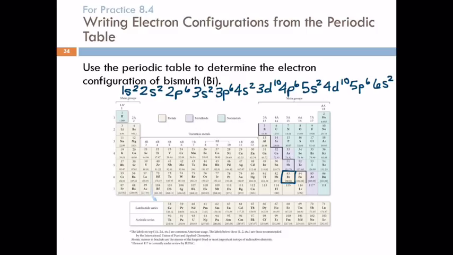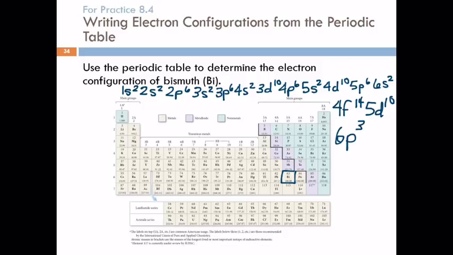So when I'm going from 6s here, technically this one is 5d, but he's going to be with all the rest of these guys, and this one comes first. So 4f14, and then 5d10. And now we're over here. We've got 1, 2, 3 in this p block, and that's 6p3.